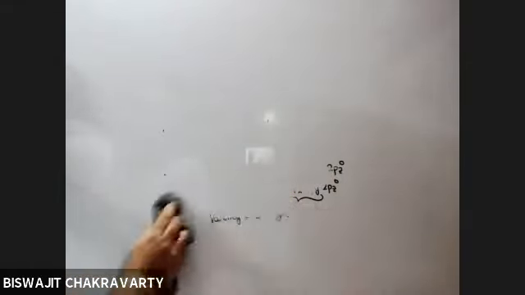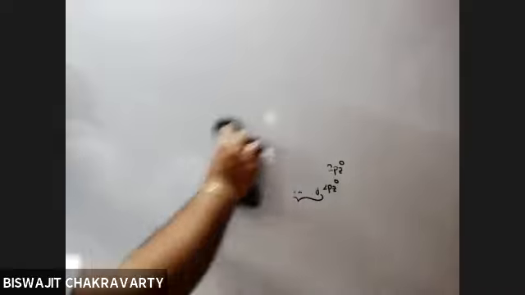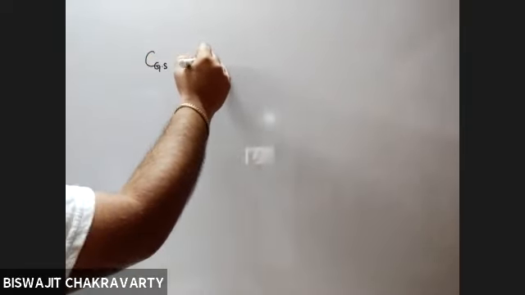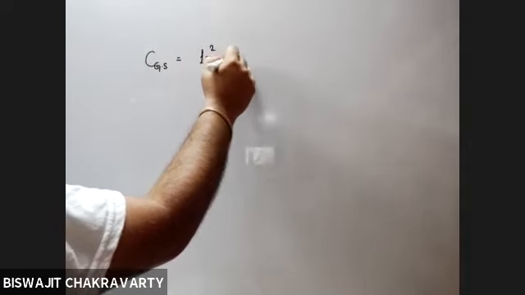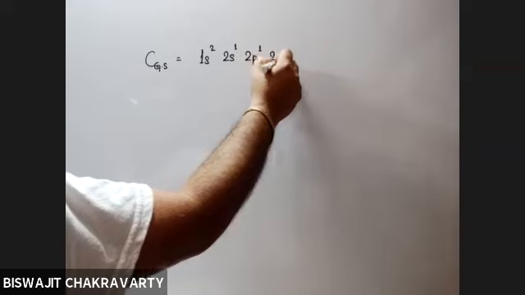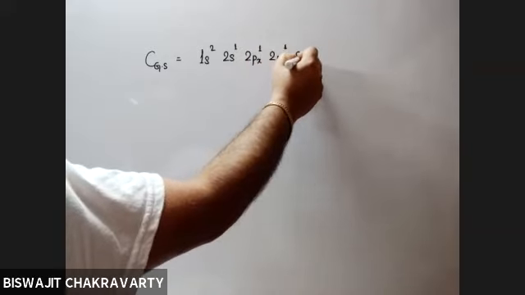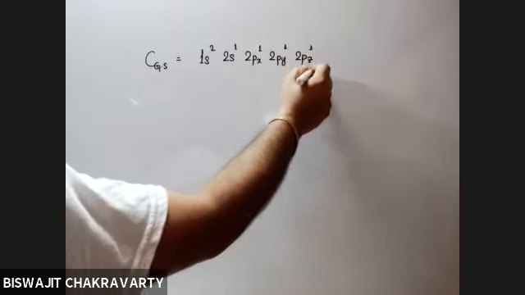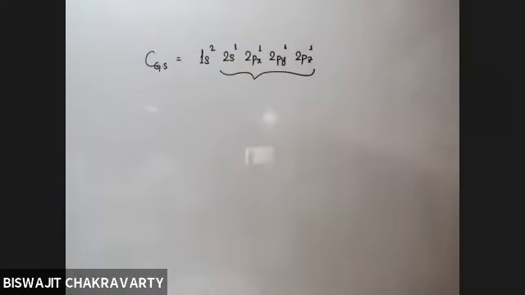But another problem now comes. So that you need to understand that carbon in ground state has configuration of 1s2, 2s1, 2px1, 2py1, and 2pz1. So we can explain the tetravalency of carbon.